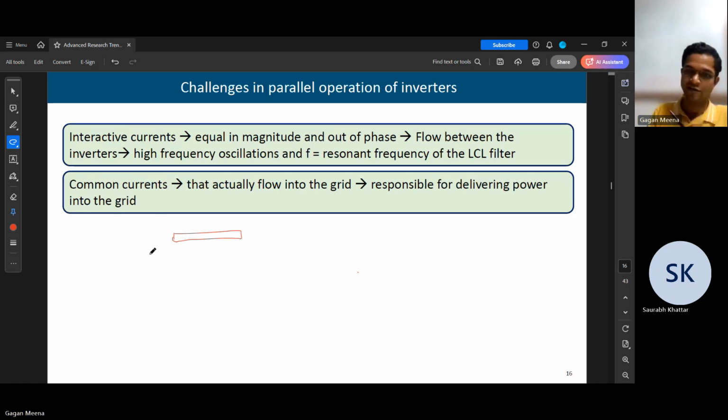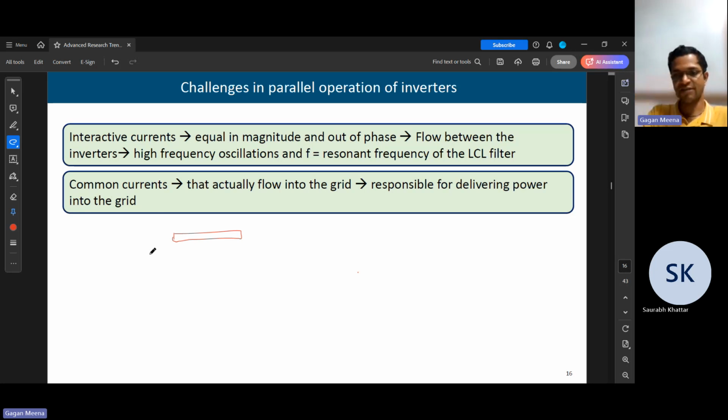I had shown one single line diagram for a solar plant, how they are combined. The different strings of solar panels or solar arrays are combined.